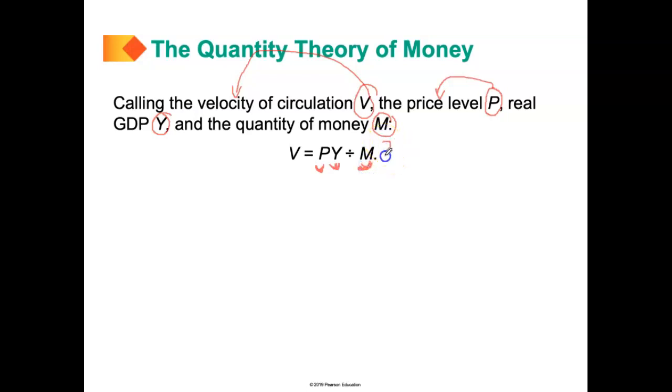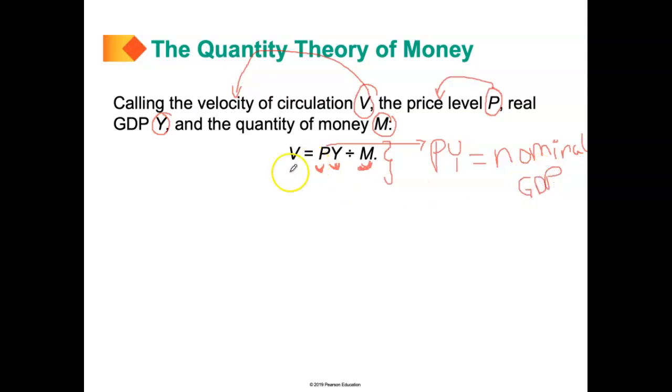So how many times money travels around the economy depends on the price level times real GDP divided by money supply. As you notice, this P times Y is also nominal GDP. Because we've actually accounted for prices now in real GDP, P times Y is also nominal GDP.